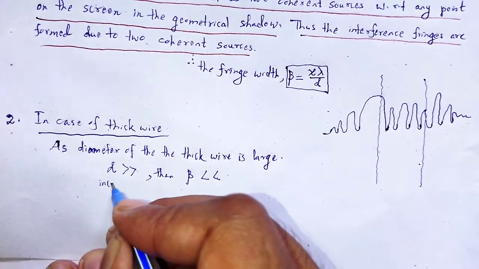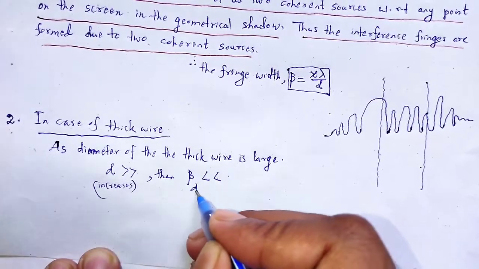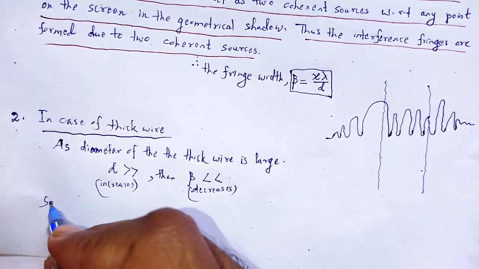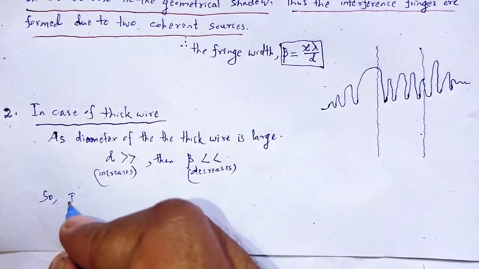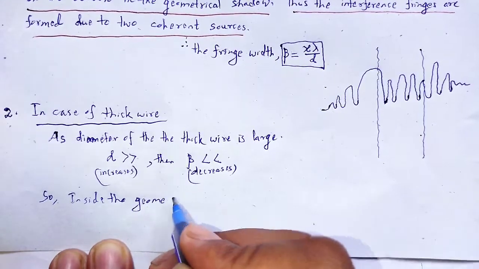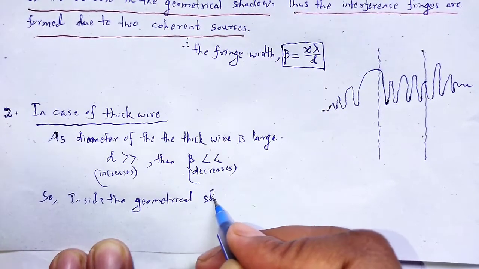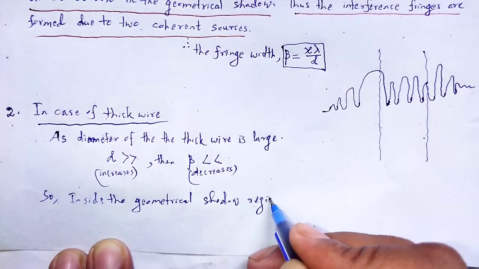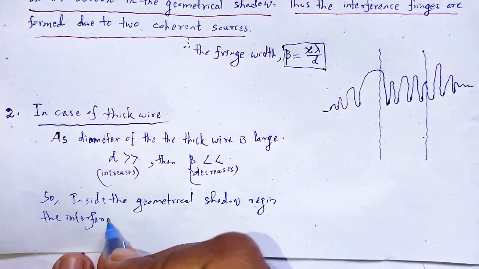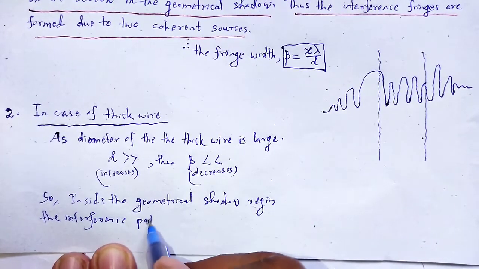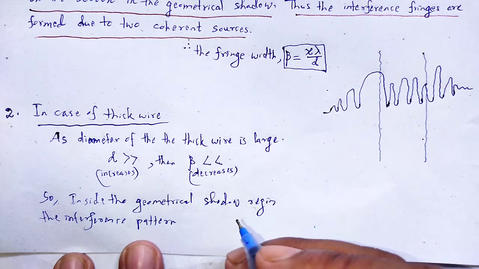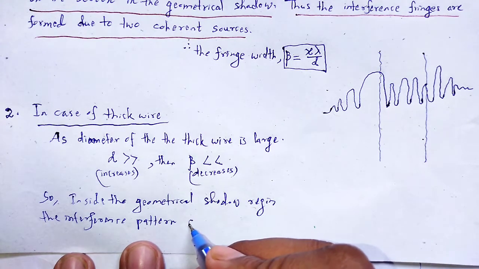When d increases, beta decreases. So, inside the geometrical shadow region, the interference pattern disappears completely.